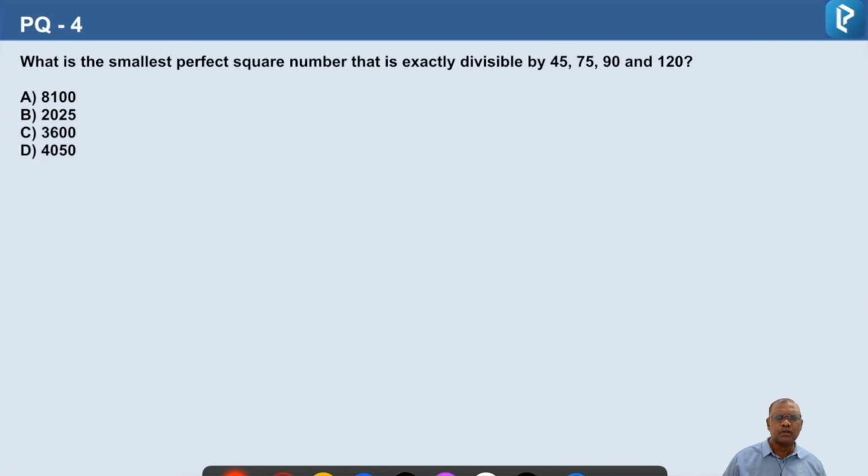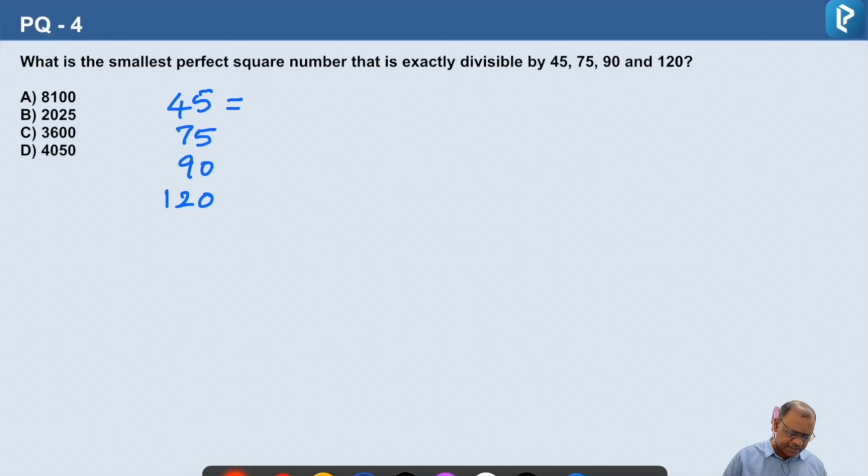Question number 4. What is the smallest perfect square number that is exactly divisible by 45, 75, 90 and 120? So let us find out the LCM of all these numbers. 45 and 75, 90 and 120.